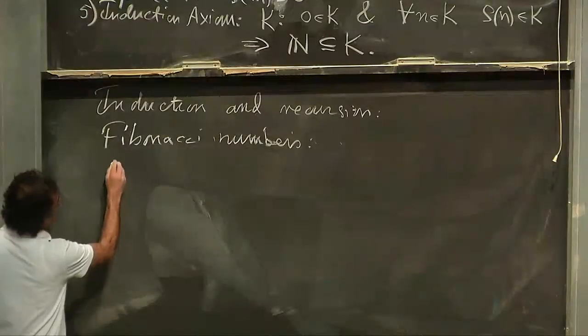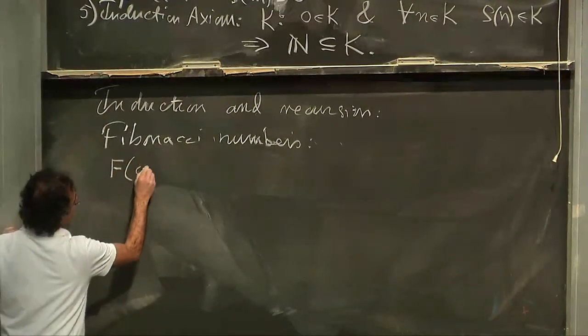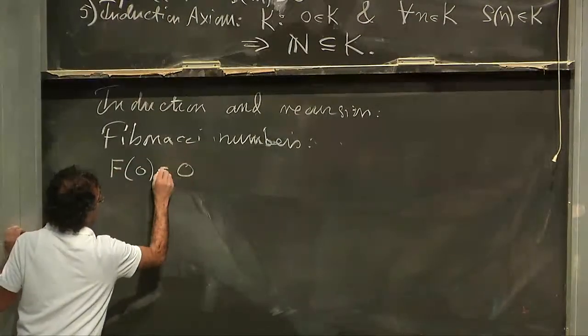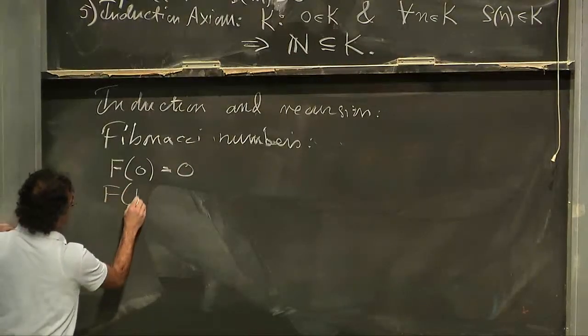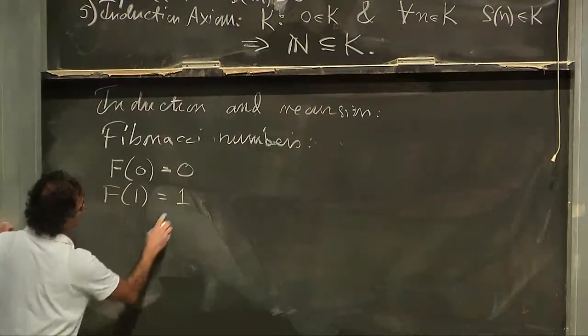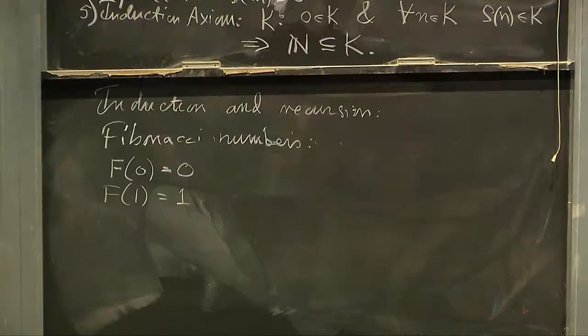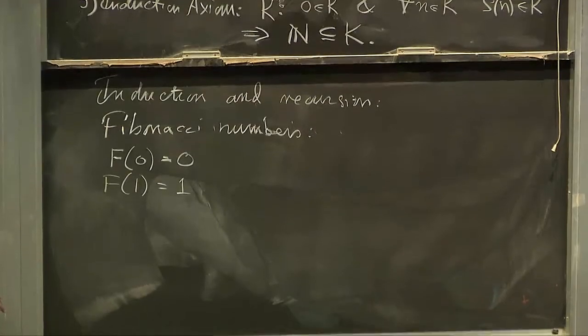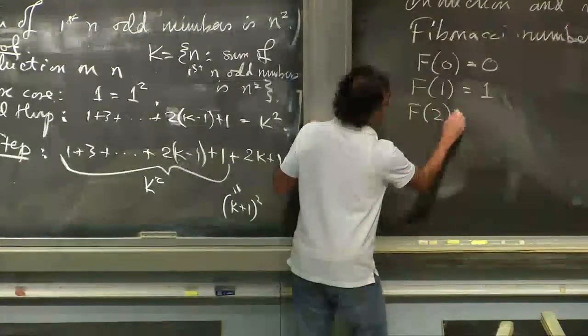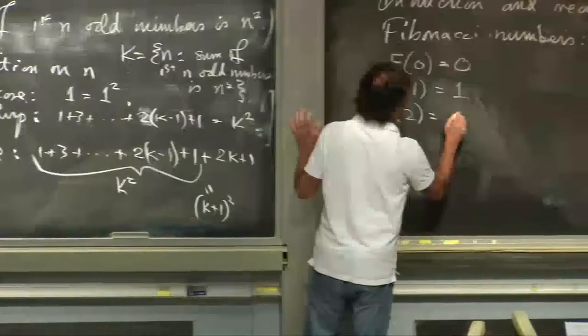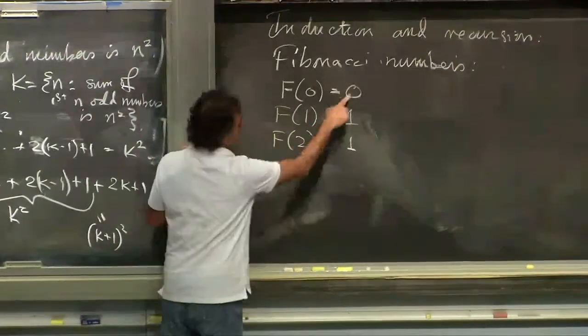Okay, so Fibonacci numbers. The way they're defined is, f of 0 equal to 0, f of 1 equal to 1. And then from there on, you define the next Fibonacci number to be the sum of the previous two. F of 2 equal to 1, sum of these two.